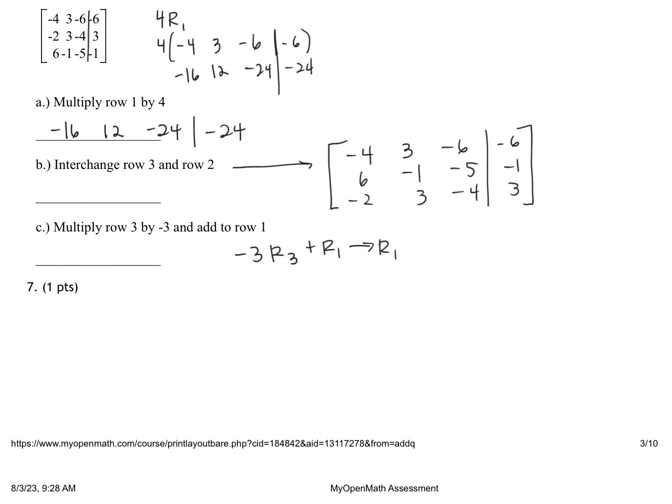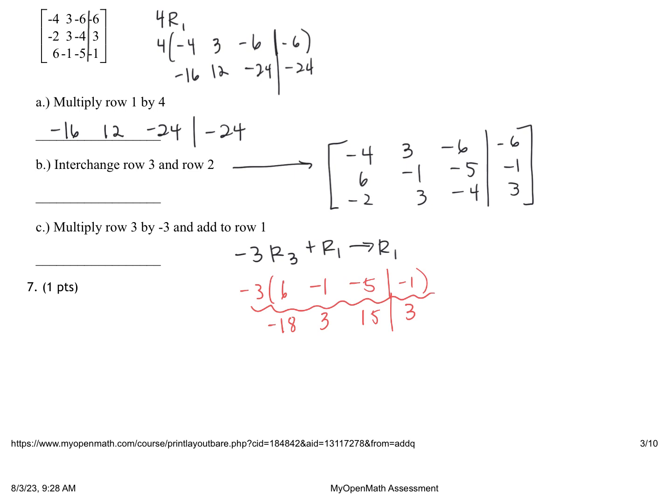Okay, so negative 3 times row 3 is, whoops, not negative 6, just 6, negative 1, negative 5, negative 1. So that's going to give us negative 18, 3, 15, 3. Okay, so that's that.